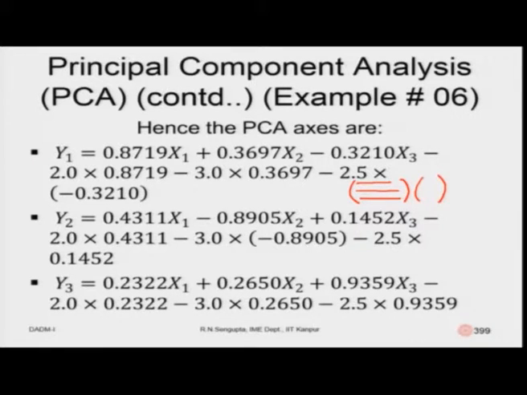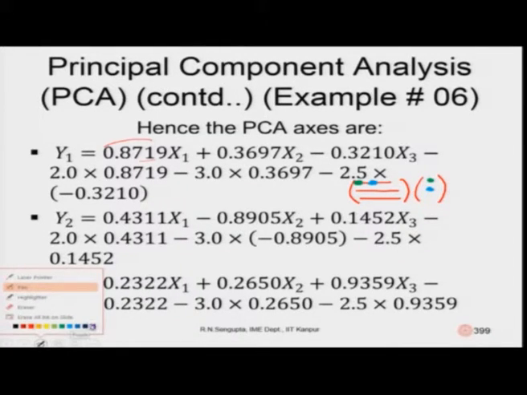So, once we have this, the first value will be multiplied by x1. The second value would be multiplied by x2, the third value would be multiplied by x3.